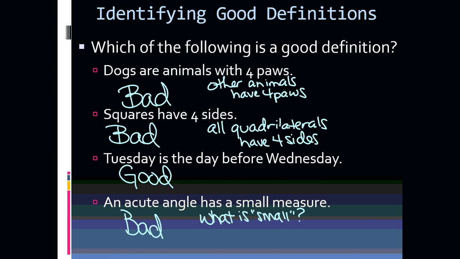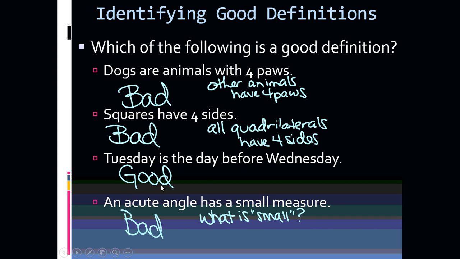So, identifying a good definition: which of the following is a good definition? Dogs are animals with 4 paws. That's a bad definition, because other animals have 4 paws as well. Squares have 4 sides. That is a bad definition because all quadrilaterals have 4 sides. Tuesday is the day before Wednesday.